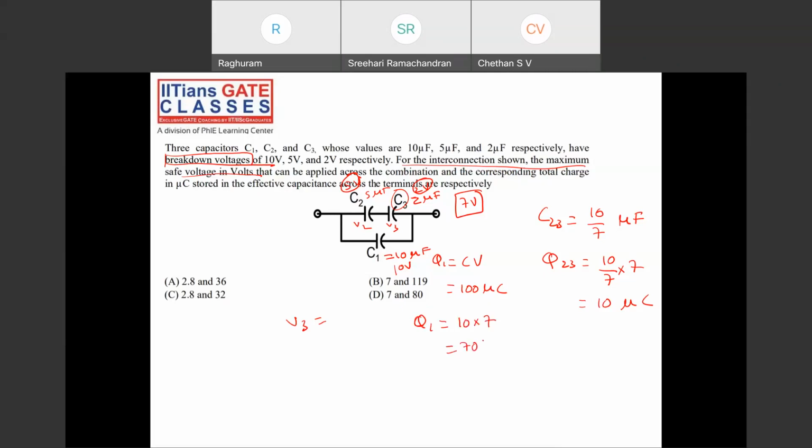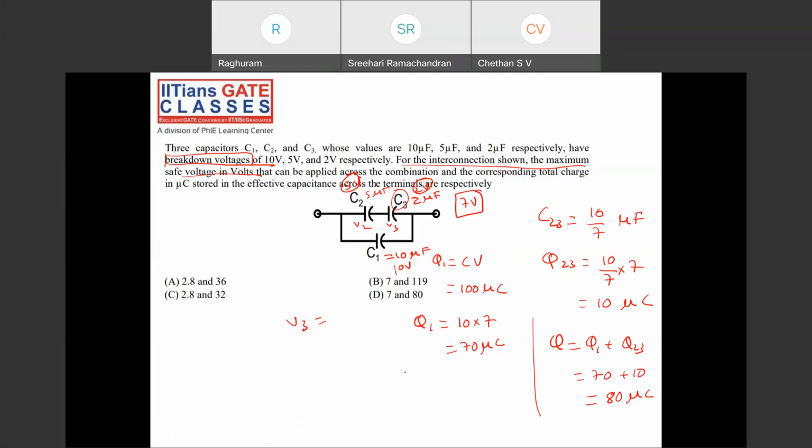So this is 70 microcoulombs. Okay. The total Q is 80. Q1 plus Q23 is 70 plus 10, 80 microcoulombs.